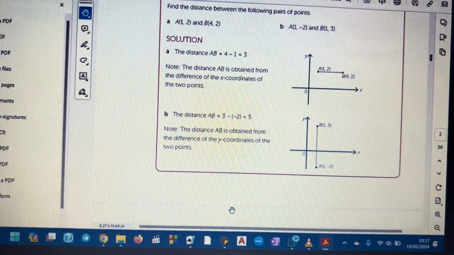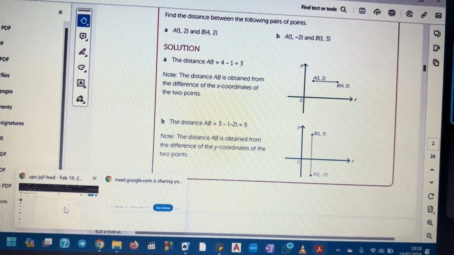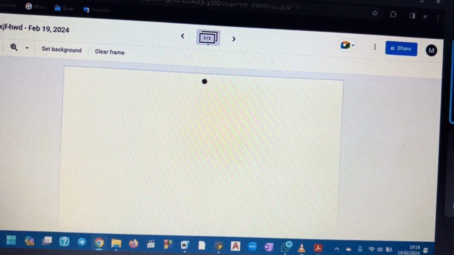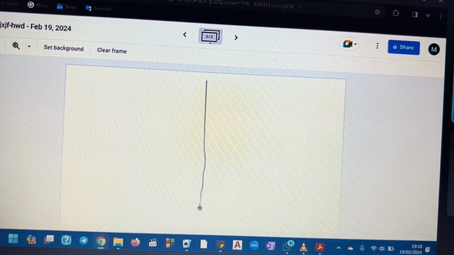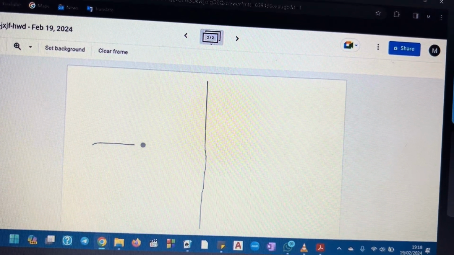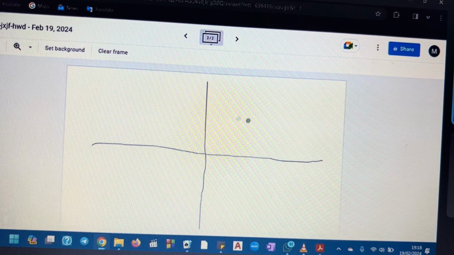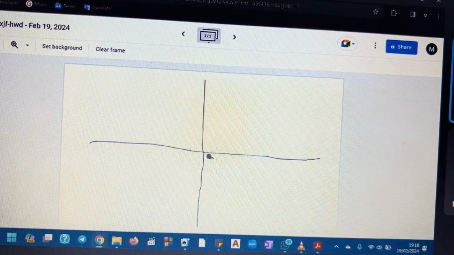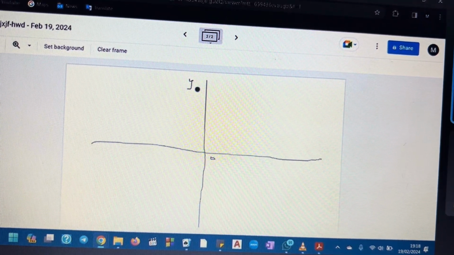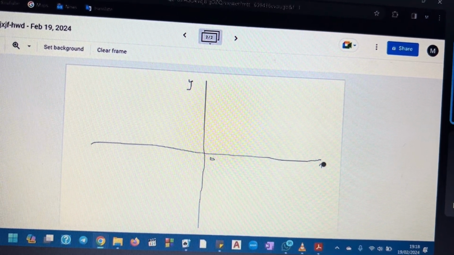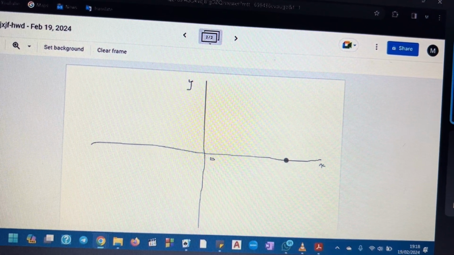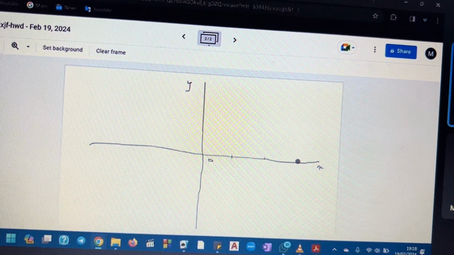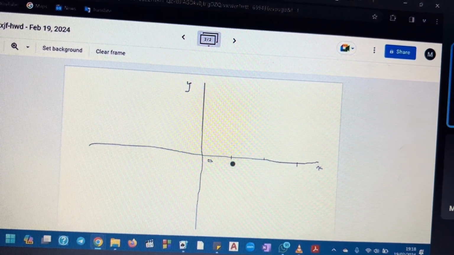So let me go to my whiteboard again and see if I could come up with some more examples. So this is our origin there. This is our y-axis. This is our x-axis. Then we have 1, 2, 3 on the positive side. Let me just write that already.